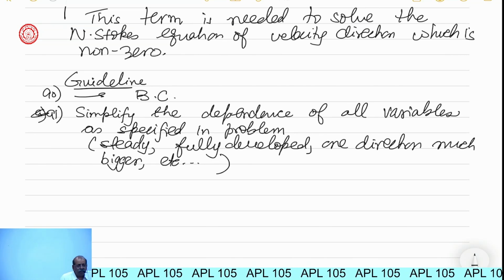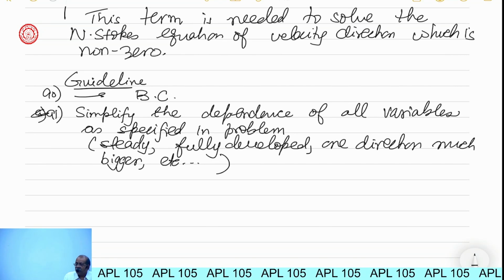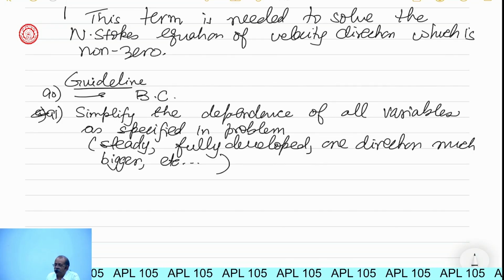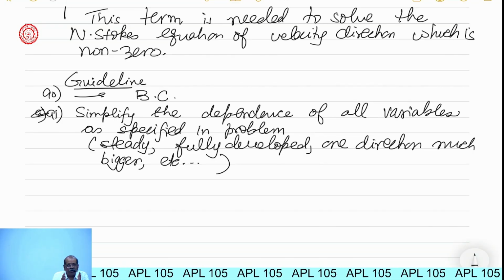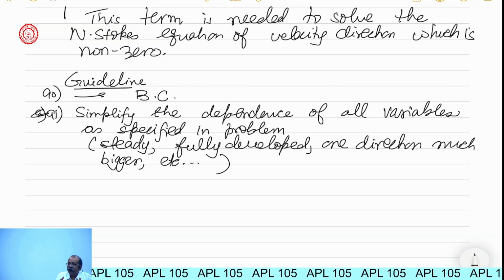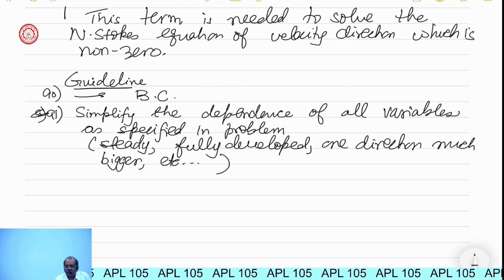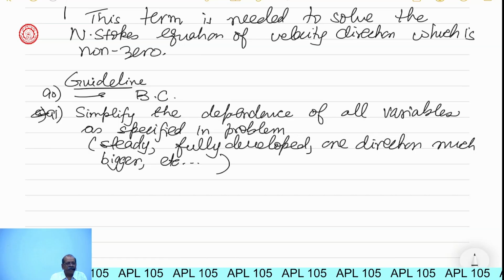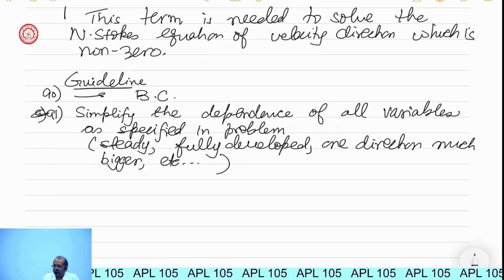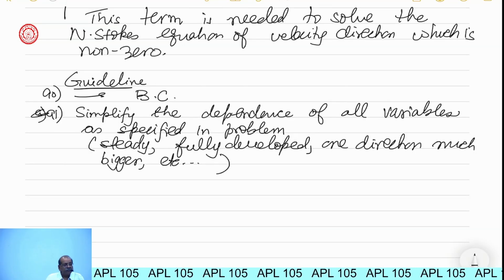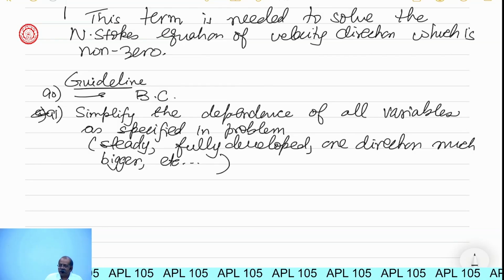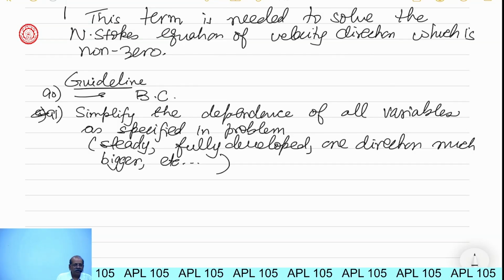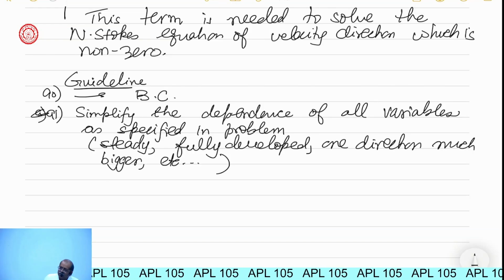And to state the boundary conditions, you do not need the solution of the equation. You just need to understand what is physically going on in the problem. If there is a spinning wall, then V theta is equal to omega times R at that wall. If there is a liquid air or a water air interface, then shear stress is 0. Convert it to velocity.